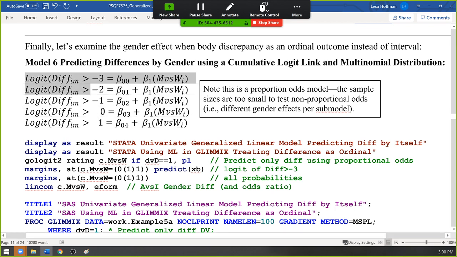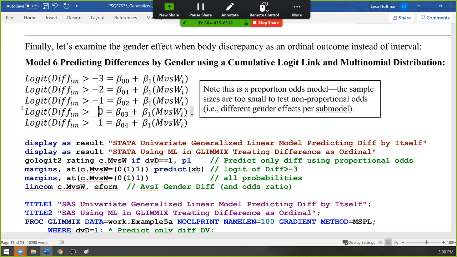And does this look familiar to you? Remember this? If we treat the difference score as ordinal rather than interval, we can fit a cumulative logit model.